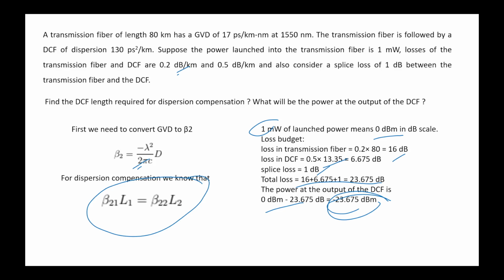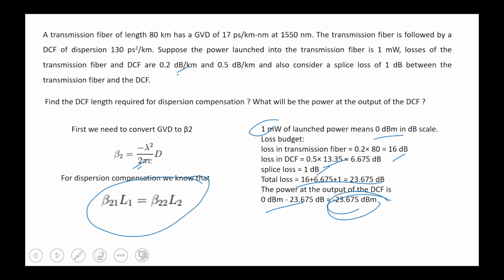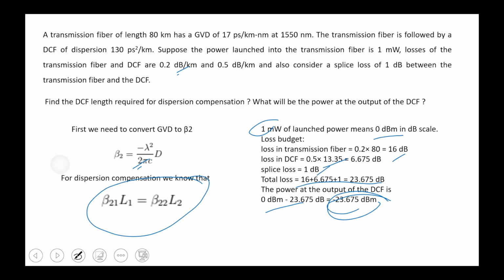So Manish, for the signal, we have written E equals E0 e to the power minus j (omega t minus beta z).